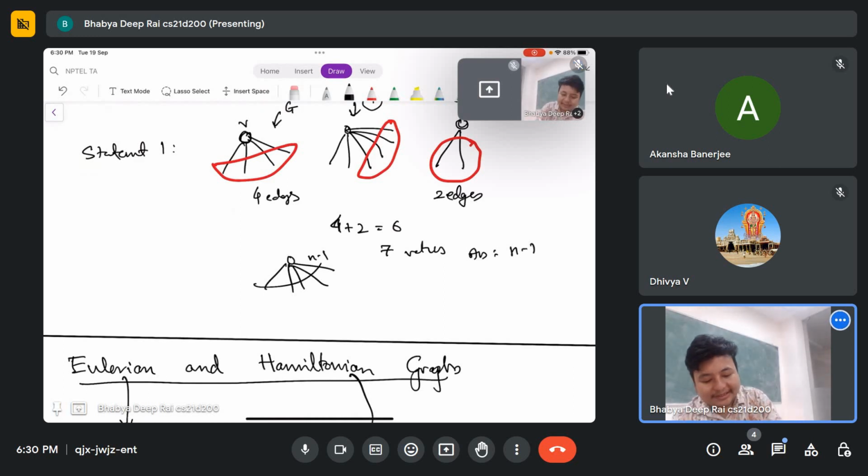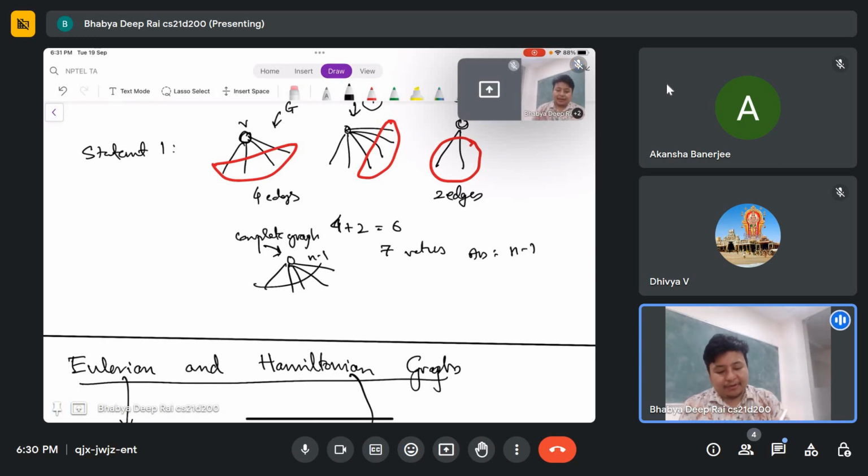This is especially true when it is a complete graph. In a complete graph, every vertex is connected to all the other n minus 1 vertices, so the degree is exactly equal to n minus 1.